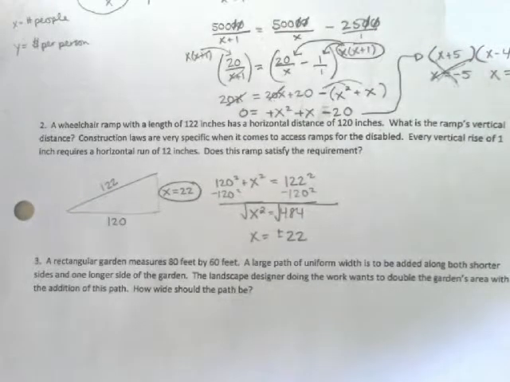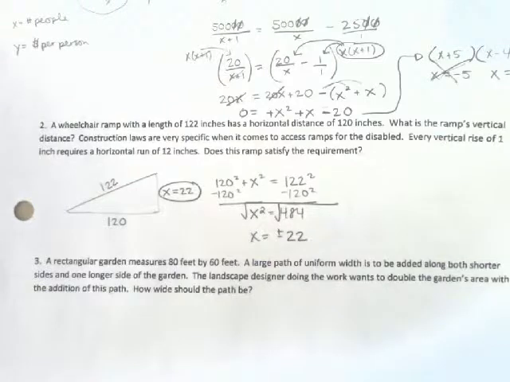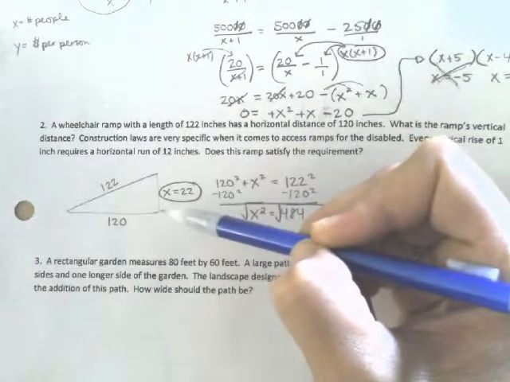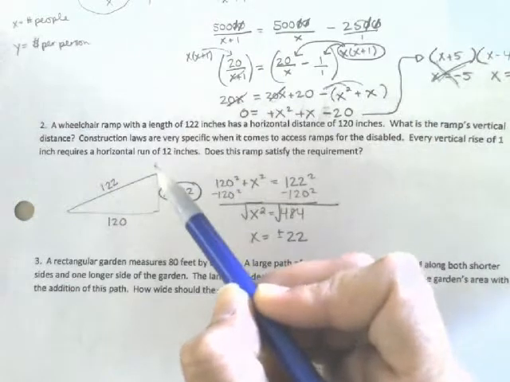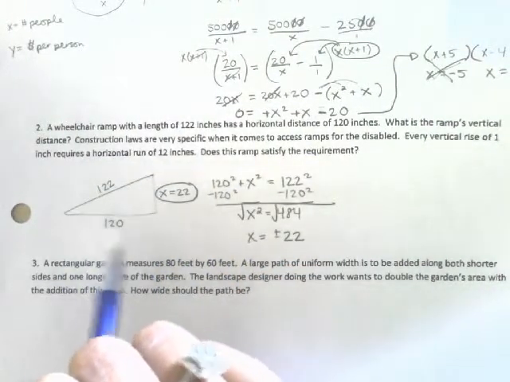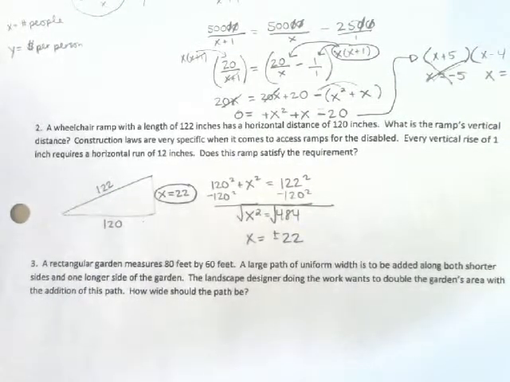So the problem continues and says that construction laws are very specific. Every vertical rise of 1 inch, and we have 22 of them. So every 1 inch here has to require a horizontal run of 12 inches if it's going to be up to code. Okay?